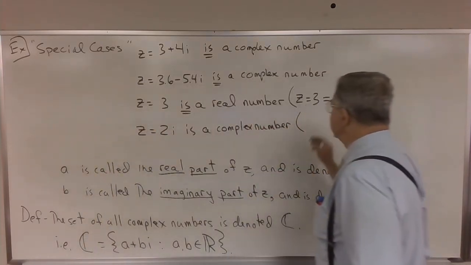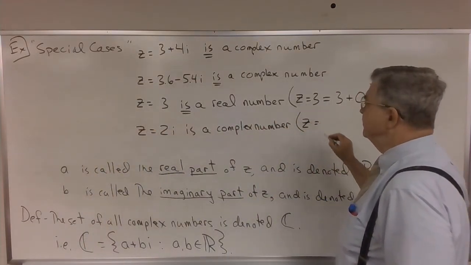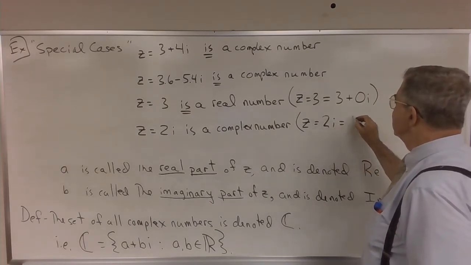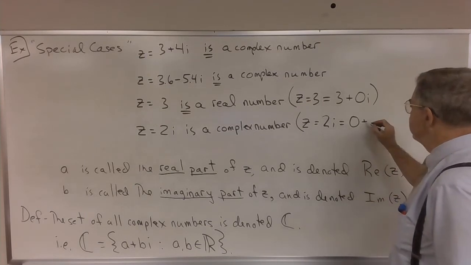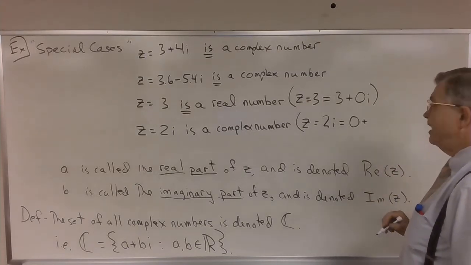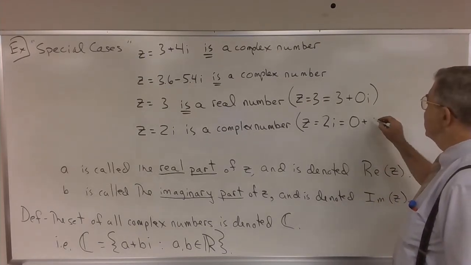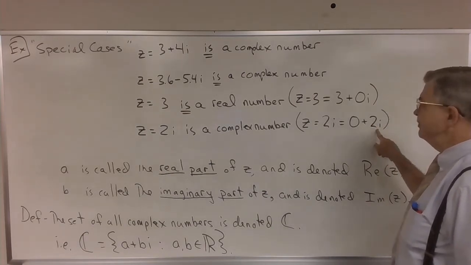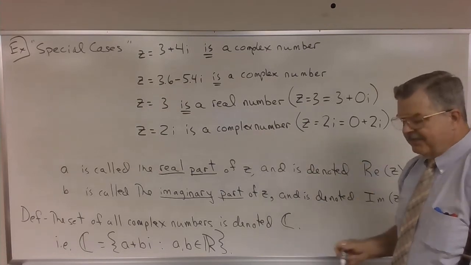And our reasoning is z equals 2i can be written as the real number 0 plus the imaginary number 2i. Real number plus imaginary number is complex number.